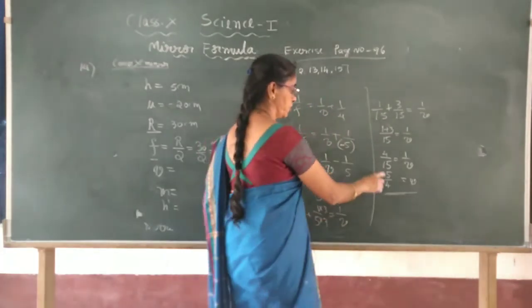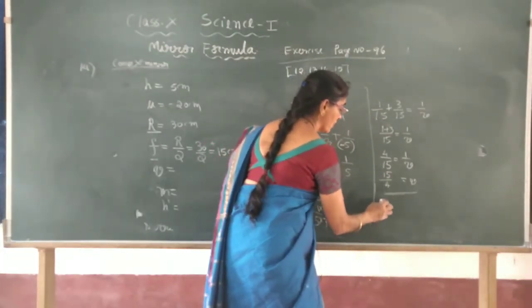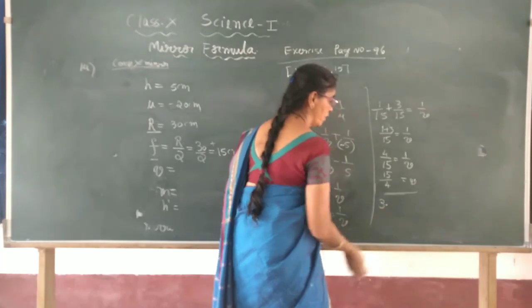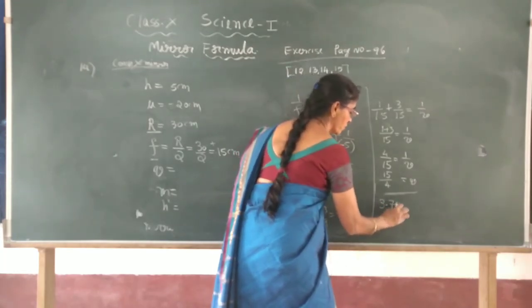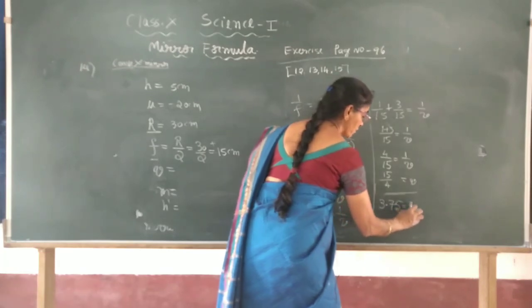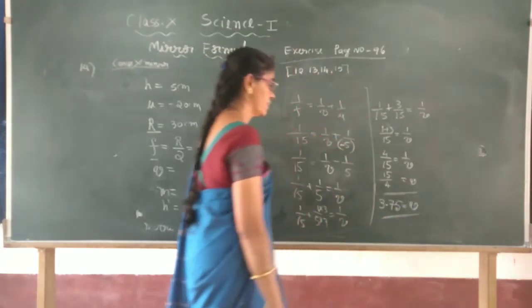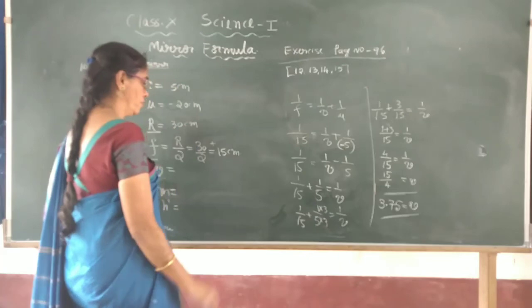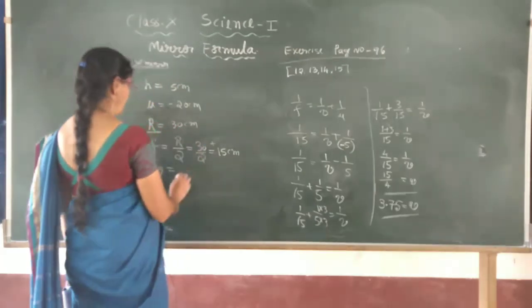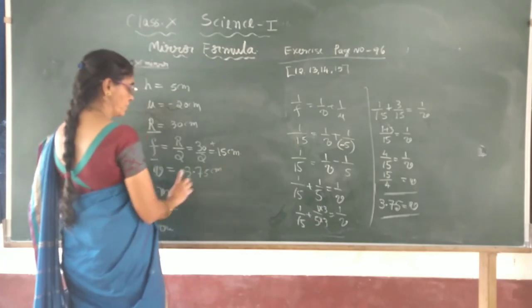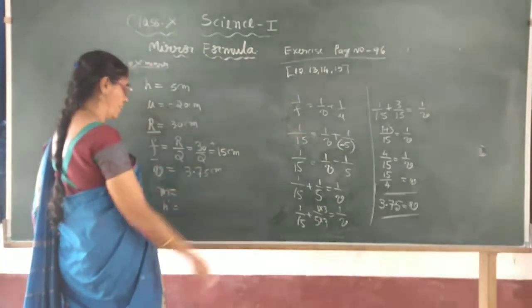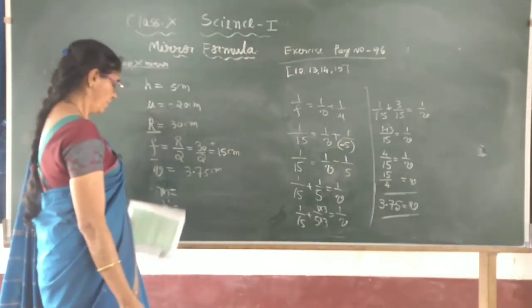Or you can change into decimal form. 4 3s are 12, 3 remaining 30, 4 7s are 28, 2 remaining 20. v is 3.75 centimeter. So v is 3.75 centimeter, positive we got. So it is on the right side, behind the mirror we will get.